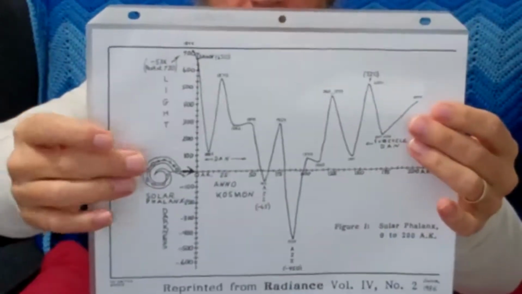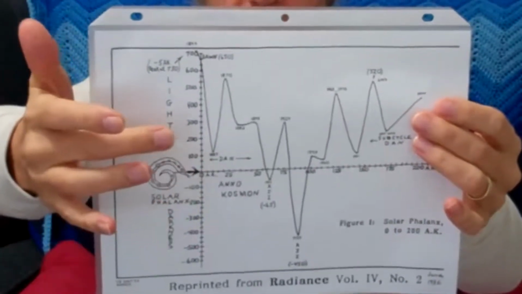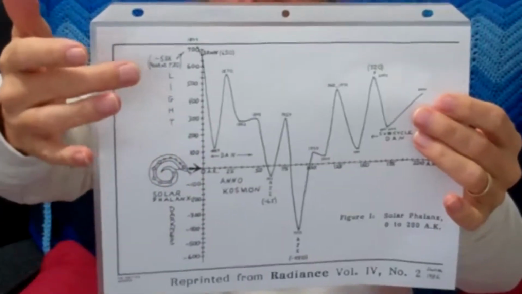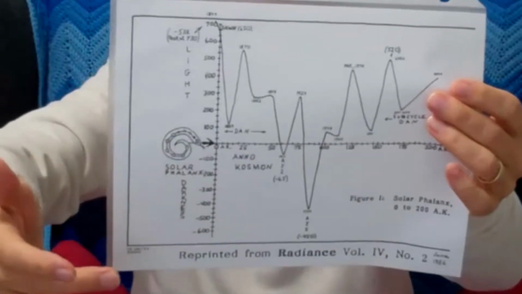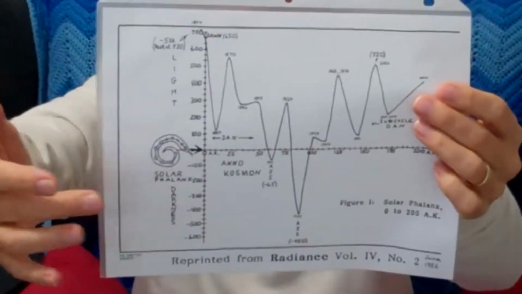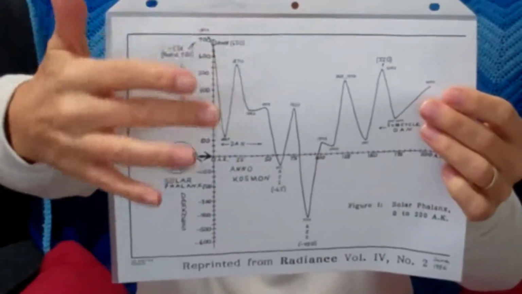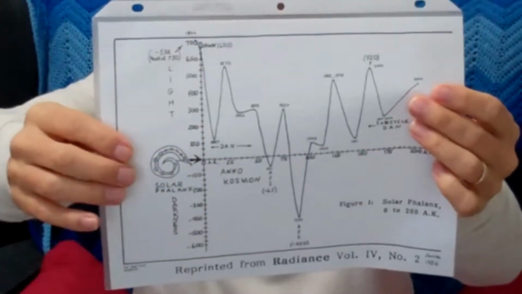And so it goes up by increments of 100, 200, 300, 400, 500, 600. And it goes down into darkness, that many, 600. And that's all that was necessary for this to show the first 200 years of Cosmin cycle.